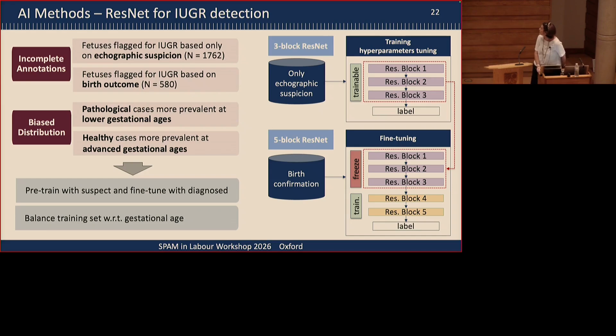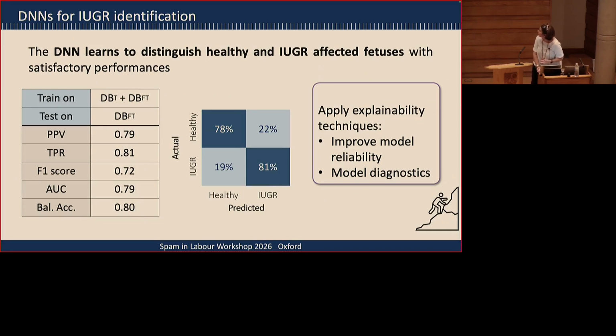So this is a way that can be further developed to classify IUGR subjects. These are results that can be improved, of course.